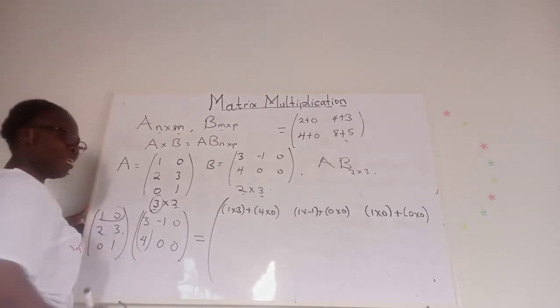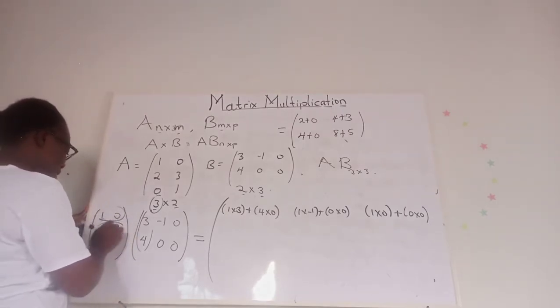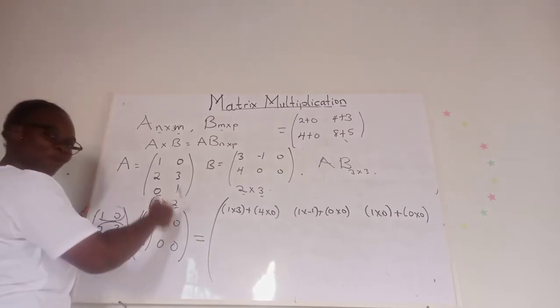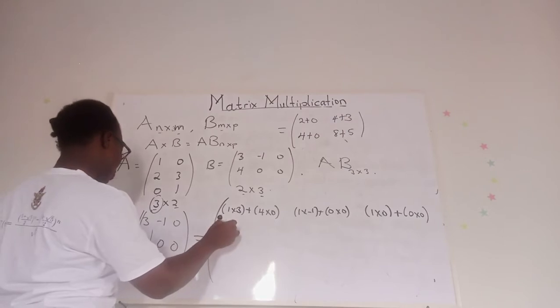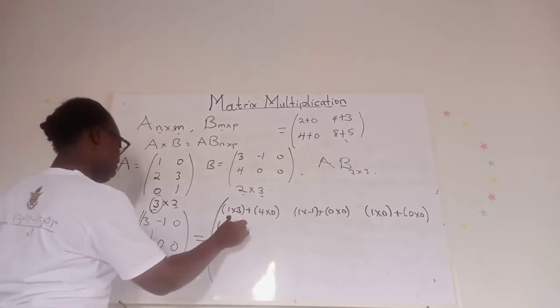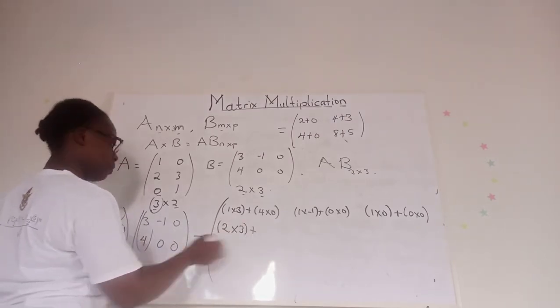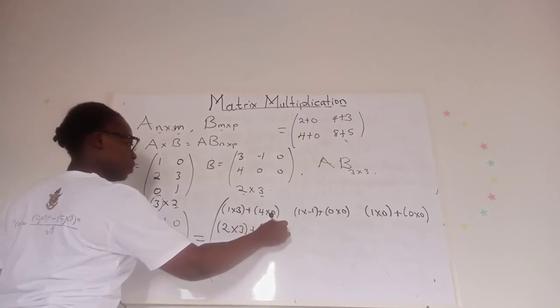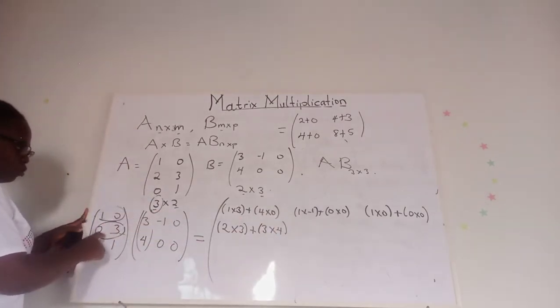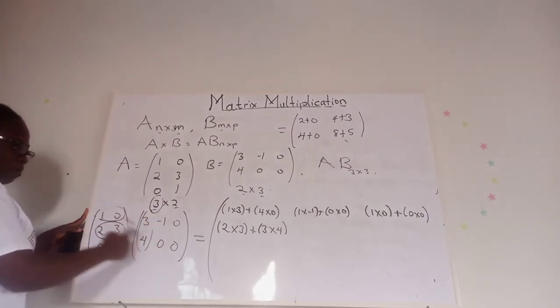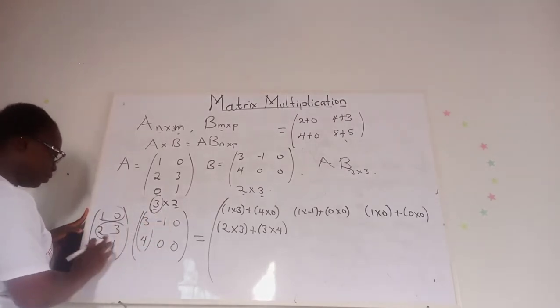Then we come to the second row. For the second row, we do the same thing and multiply by each column. So I have 2 times 3 plus 3 times 4. Then the second column: 2 times minus 1 plus 3 times 0.